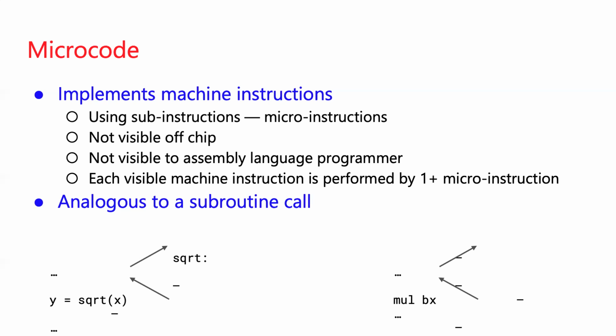Well, what we're saying with microcode is we could, inside the processor, implement machine instructions, or at least certain machine instructions, that way. If you had a machine instruction like a multiply, and that's what we're showing over here on the right, one that might take multiple steps to do, you could implement that by a sequence of very low-level machine instructions, microcode instructions, that do the various steps it takes to do a multiply.